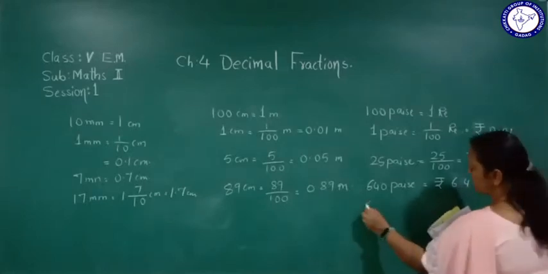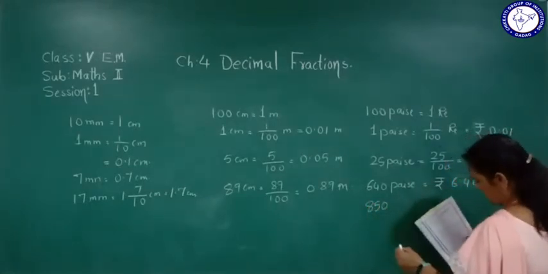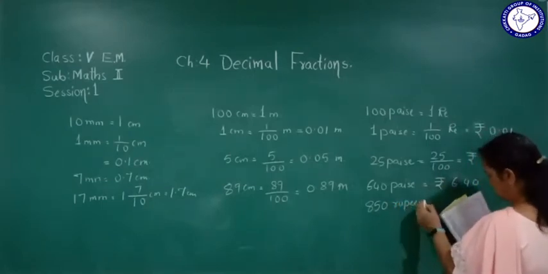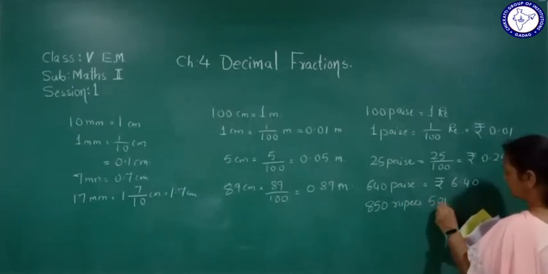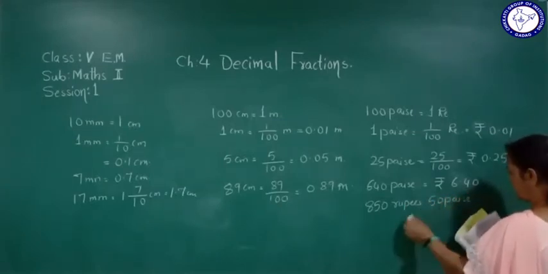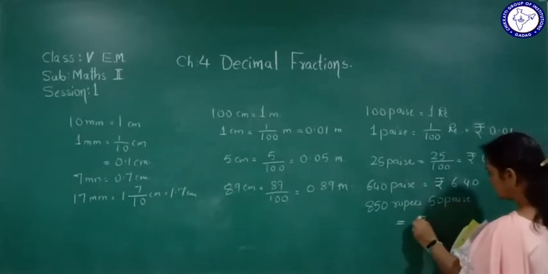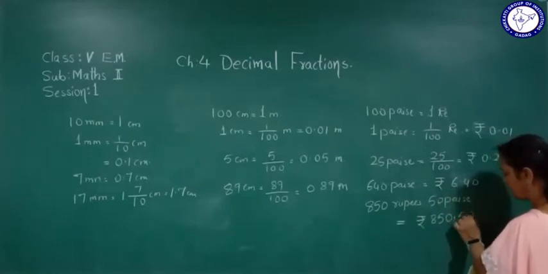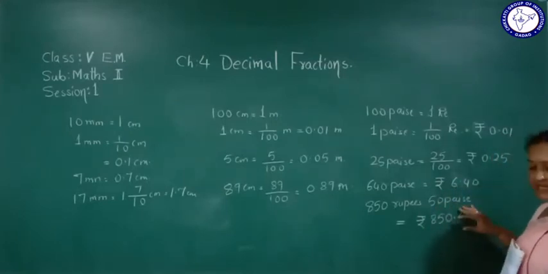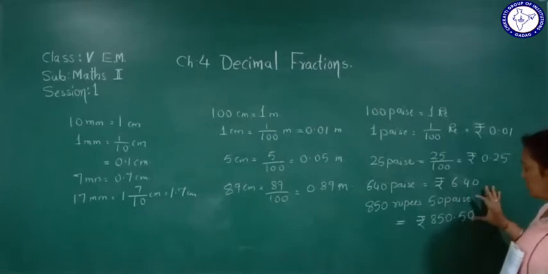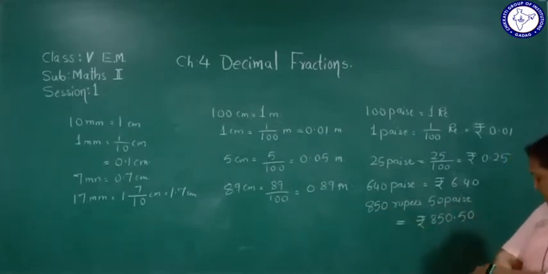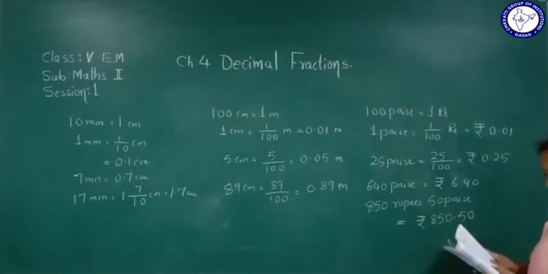If it is 850 rupees 50 paisa, then we write this as rupees 850 point, and this 50 paisa we write as 0.50. 50 paisa is 0.50 rupees. Then add to 850 rupees, we get 850.50 rupees. Now let me go to the exercise.